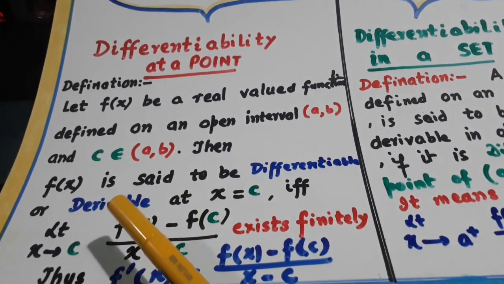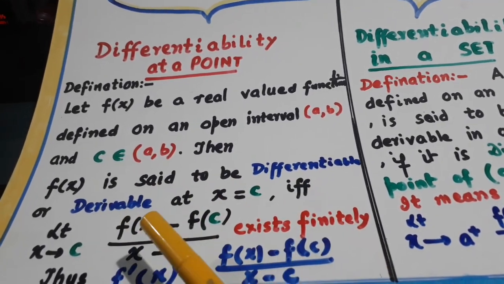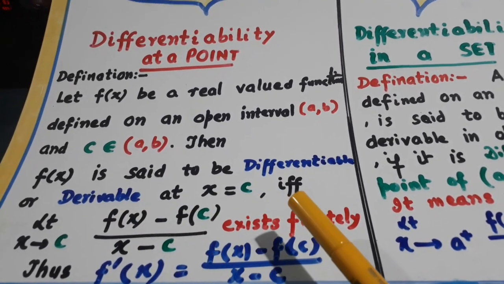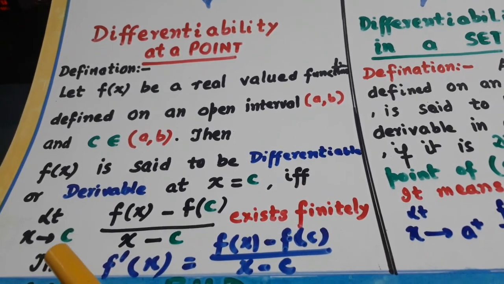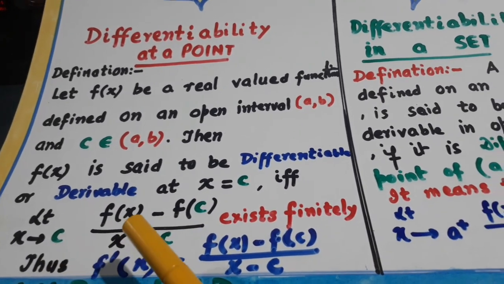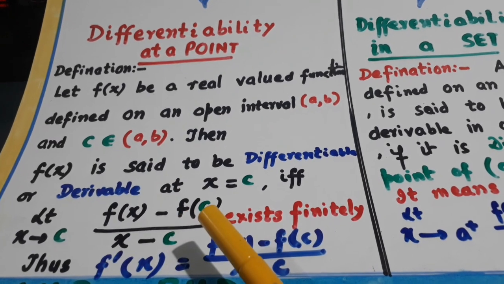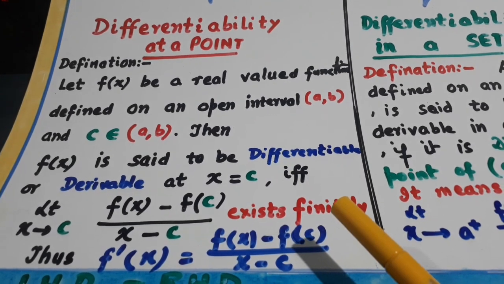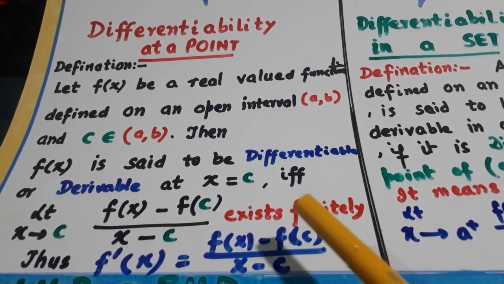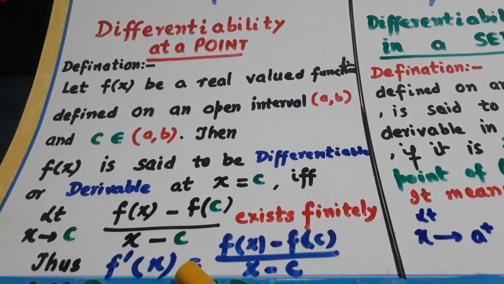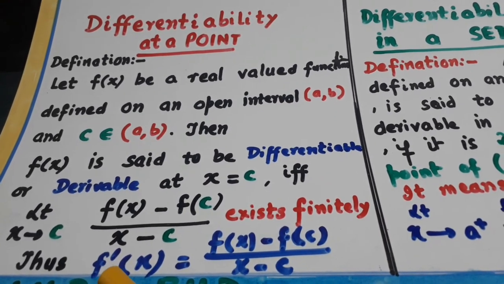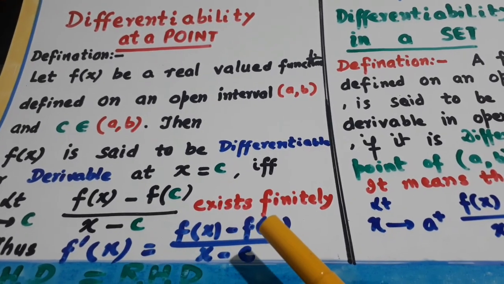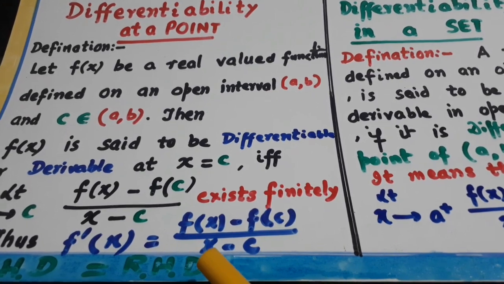Then f(x) is said to be differentiable or derivable at x is equal to c if and only if limit x goes to c, (f(x) minus f(c)) over (x minus c) exists finitely. इसका मतलब है वैल्यू इसकी फाइनाइट आनी चाहिए. This is called derivative, f dash (c).